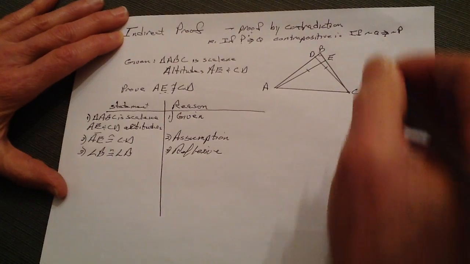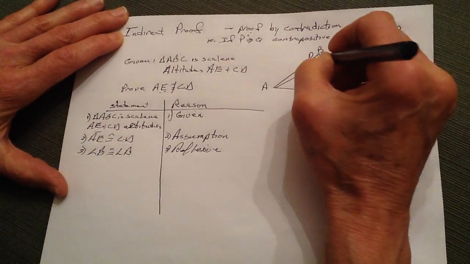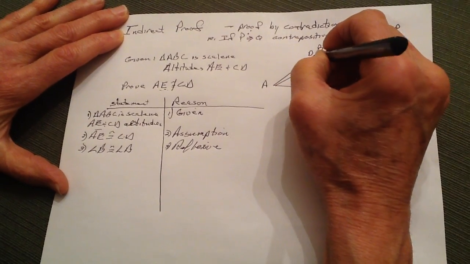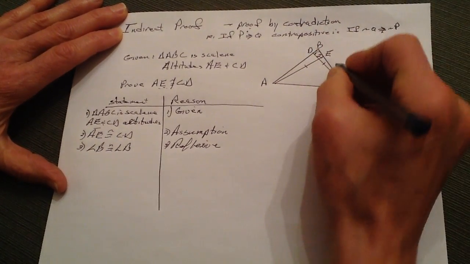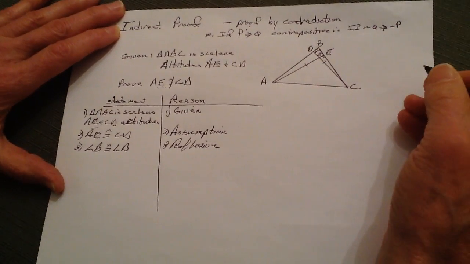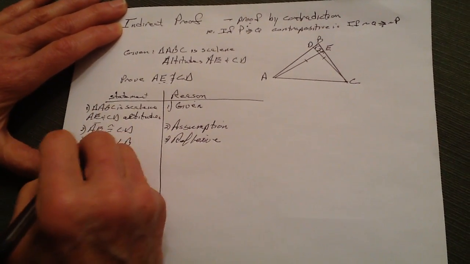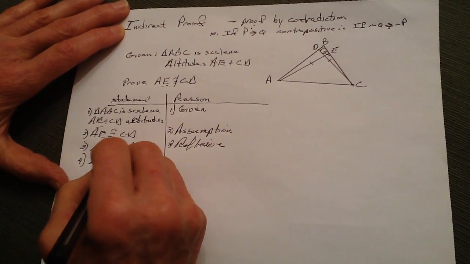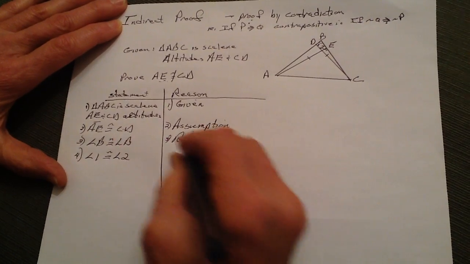I also know that since these are altitudes, I'm going to put angle 1 here and angle 2 here. Since altitudes create 90-degree angles, I can say that number 4, angle 1 is congruent to angle 2.